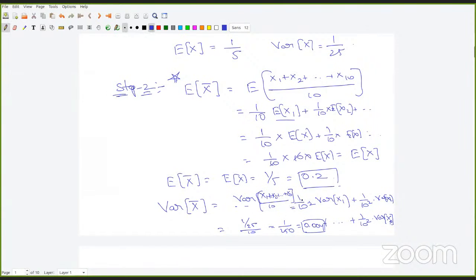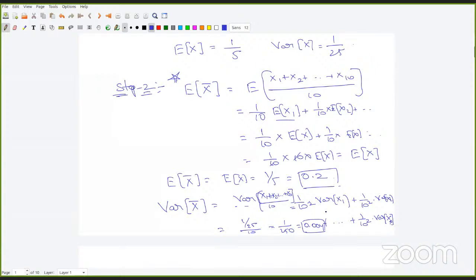If x1, x2 to x10 are independent of each other, then we can write it as variance of x1 by 10 plus variance of x2 by 10 plus variance of x3 by 10, like that. Variance of x1 by 10 has a constant. When you bring a constant outside of the variance, it will be squared. So you get 1 by 10 square variance of x1 plus 1 by 10 square variance of x2 and so on, up to 1 by 10 square variance of x10.